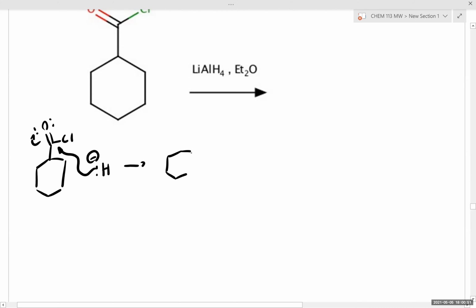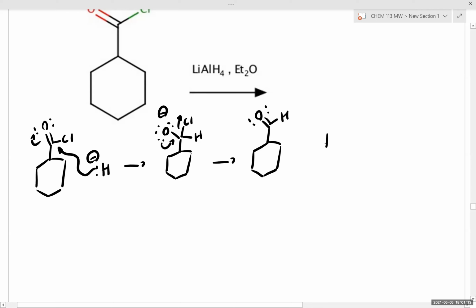From here, we make a tetrahedral intermediate. From here, we're going to kick out our leaving group, and chloride is a wonderful leaving group.